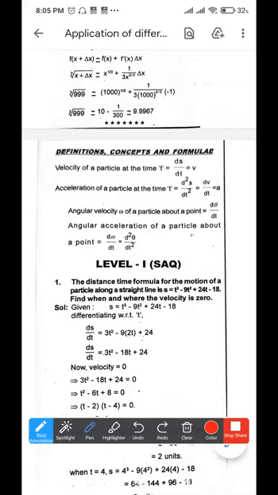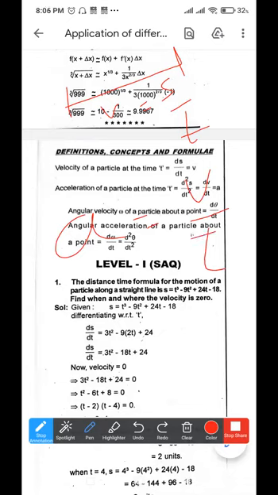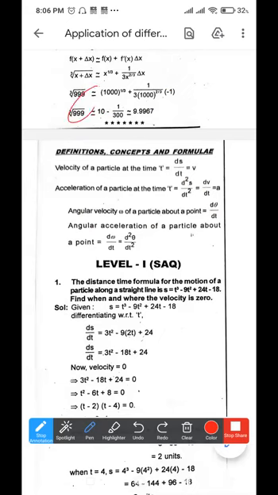Okay, the rate of change of velocity is called acceleration. So velocity is equal to distance by time and acceleration is equal to velocity by time. So if they gave us velocity, or if we found out the velocity, what should we do?